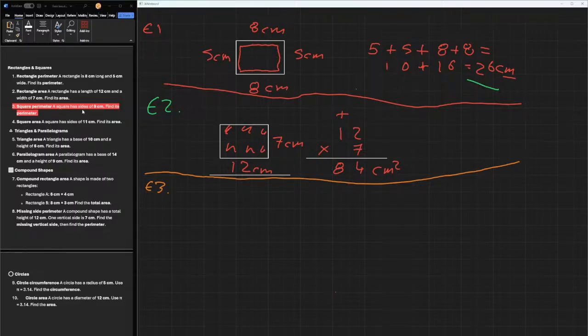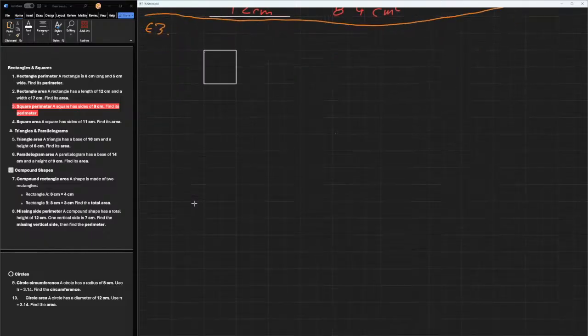A square has sides of 9 centimeters. Find its perimeter. So this is a square. In the square, we have to know that each side has 9 centimeters, okay? And we are looking for the perimeter.